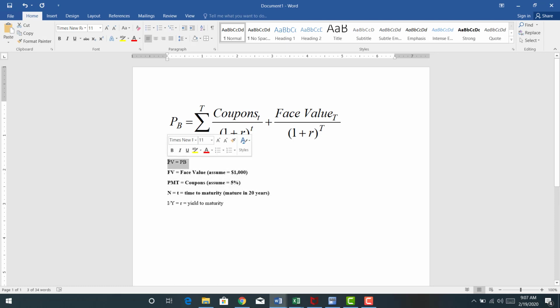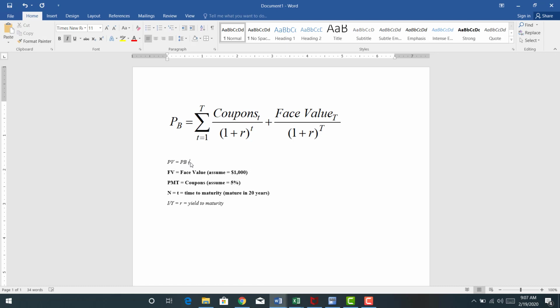Now, after the firm comes to the market and specifies this, the market determines the price of the bond and subsequently the yield to maturity. If the market says to the firm, who specified that their coupon rate was 5%, we think you're riskier than 5%, then they're going to price this bond at a discount.